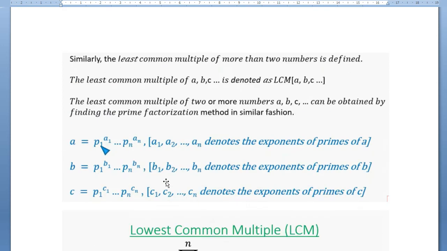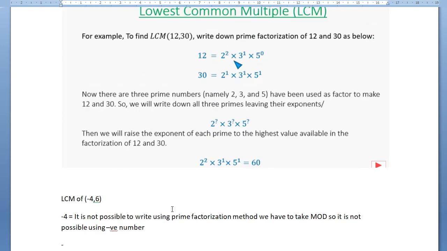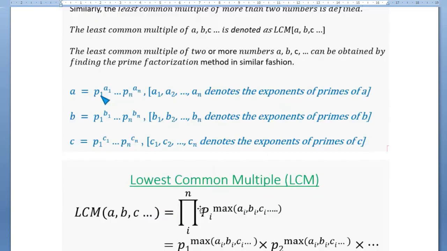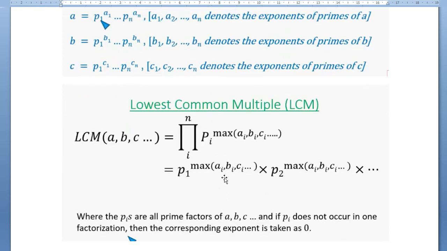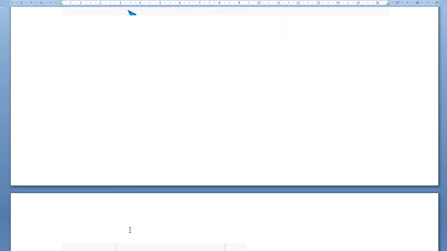In our previous case, the maximum value is 2 between 2 and 1. Here the p_i are all the prime factors of A, B, C, and if p_i does not occur in one factorization, then the corresponding exponent is taken as 0.